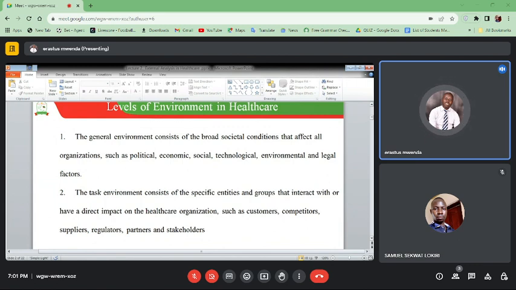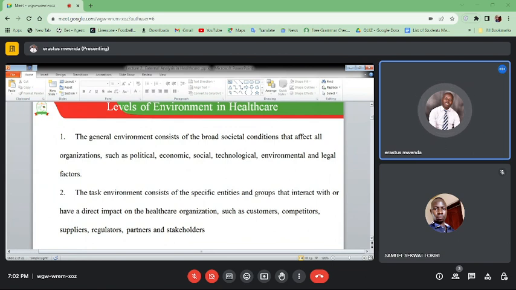The issue about regulation is also related to political factors in terms of the governments, because the governments are key in terms of creating and implementing health policies. And government is also very key in terms of funding healthcare activities. And political decisions can also affect the availability of healthcare services.